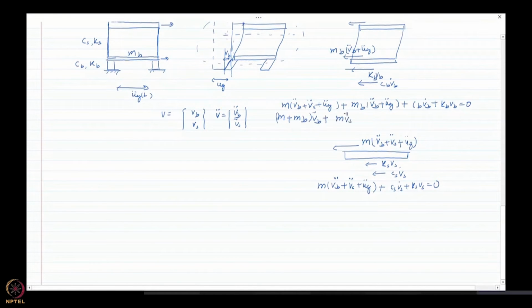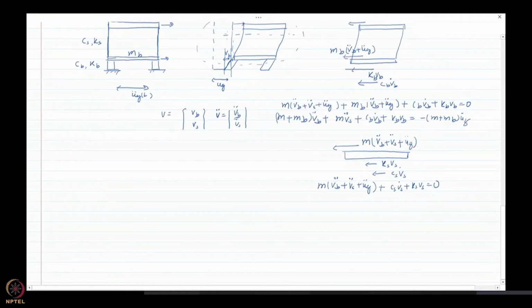So here I would get (M plus Mb) Vb double dot plus M Vs double dot plus Cb Vb dot plus Kb Vb, and I need to bring this term to the right hand side, which is minus (m plus mb) times Ug double dot, so the ground acceleration term.